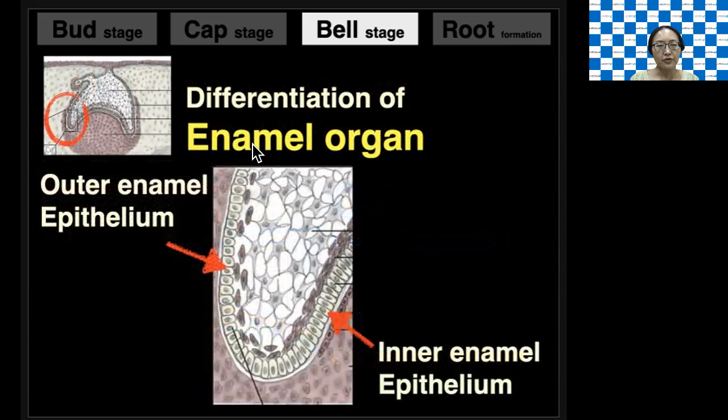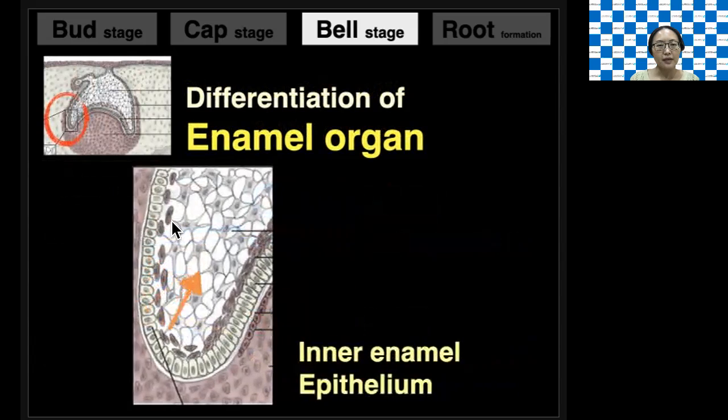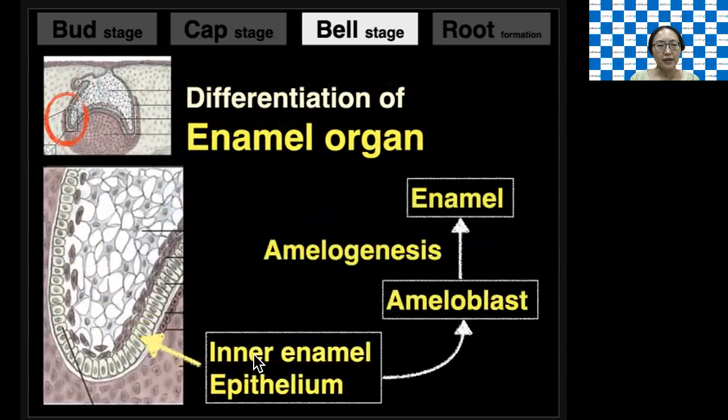This is another view to see the inner enamel epithelium and the outer enamel epithelium. The inner enamel epithelium will differentiate into the ameloblasts. And the ameloblasts, through the process of amelogenesis, will produce the enamel in the future.